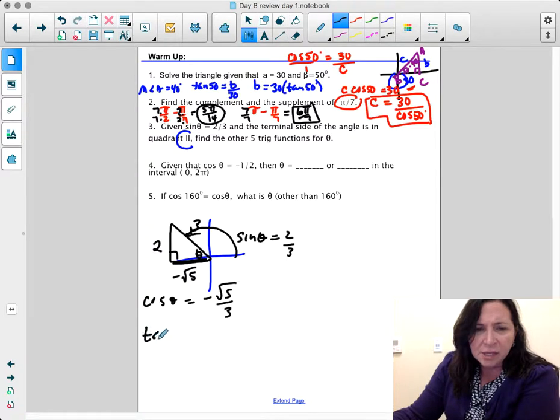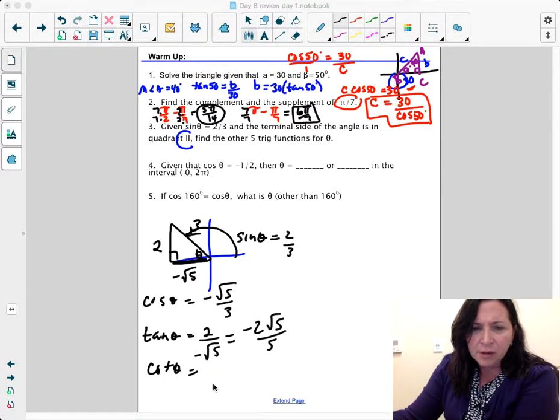Tangent of theta is going to be opposite over adjacent. So that's going to be 2 over negative root 5, which is going to simplify to be negative 2 root 5 over 5. Okay, then we have cotangent of theta, which is the reciprocal of this value here. So that's going to be negative root 5 over 2.